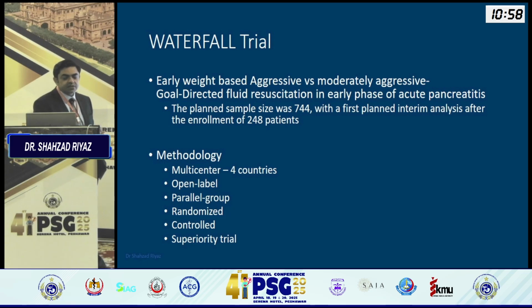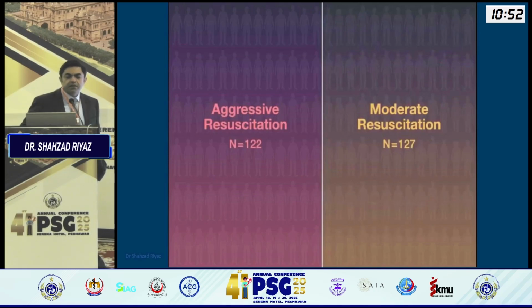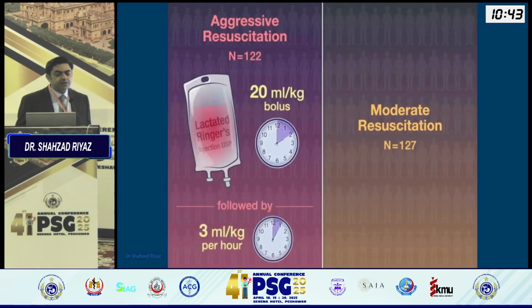It was a multicentered, four-country, open-label, parallel group, randomized, controlled superiority trial. What they did in this trial was compare whether we should give aggressive fluid or moderate resuscitation. In the aggressive fluid arm, all of the patients, regardless of their current fluid status, were given a bolus of 20 mils per kilo body weight of fluids.